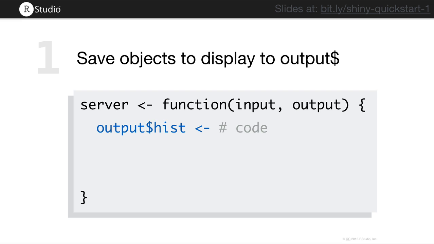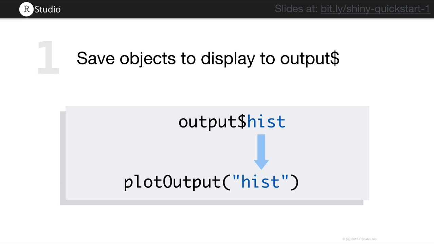So here we're just adding an element to the output list of hist. I'm choosing the name hist because this element is going to be the element that gets placed in the plot named hist. So you use the same name in both files, or in both objects. In the server function, the name is an element of the list, and in the UI object, it's a character string inside of the plotOutput function.